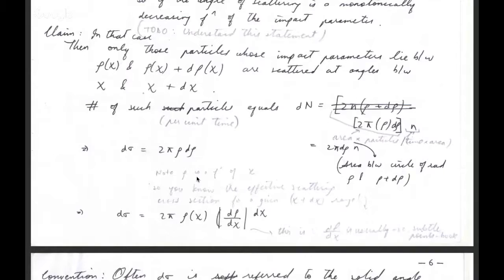So we write d sigma is 2 pi rho as a function of chi into d rho by d chi into d chi. d rho by d chi is usually negative.